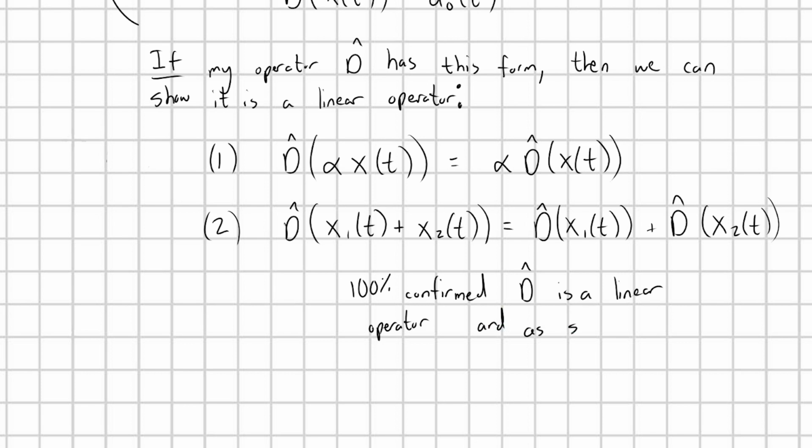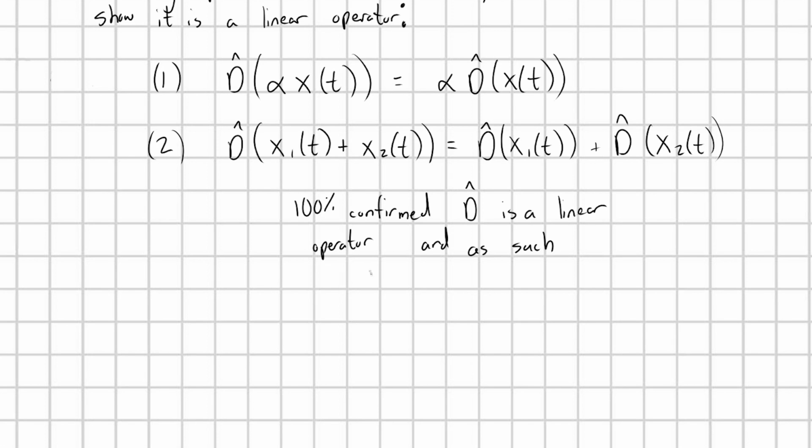And as such, our function D hat, or any equation that can be written in the form D hat of x equals a naught of t, is linear. Hopefully we feel 100% fantastically clear about that.